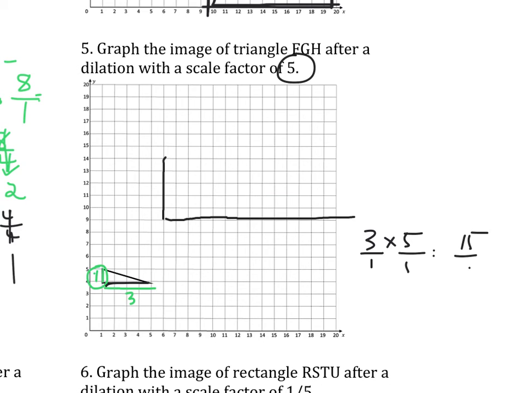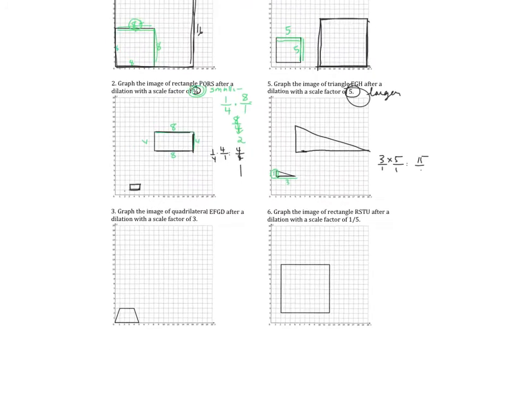So if I want to just redraw that 1 here, and then just erase this, and draw this over 1. And then I just connect it, and there will be my 5. It's 5 times as large as the original size.